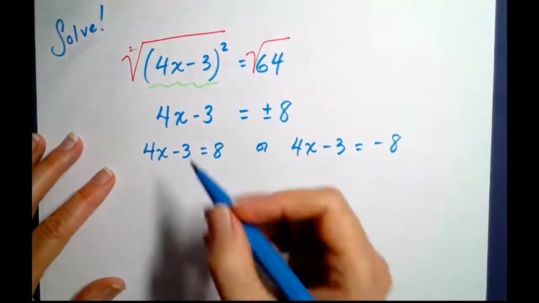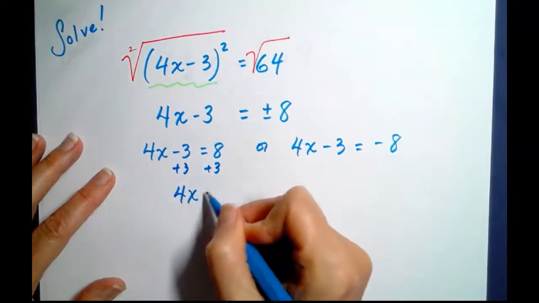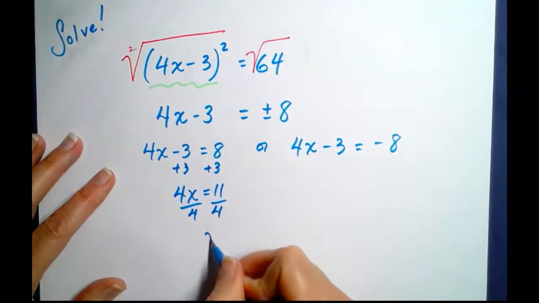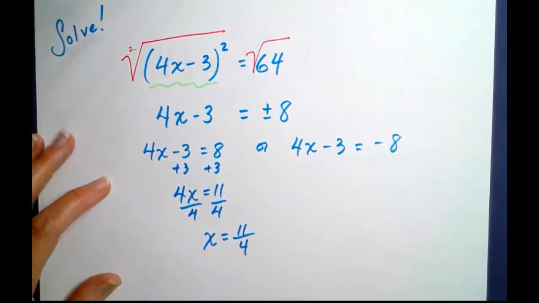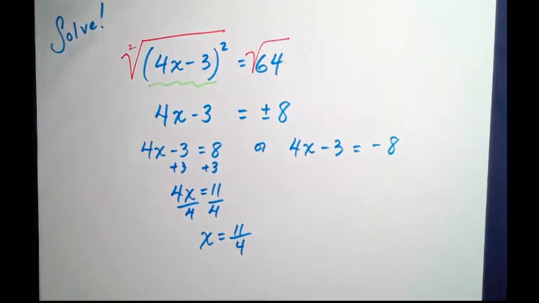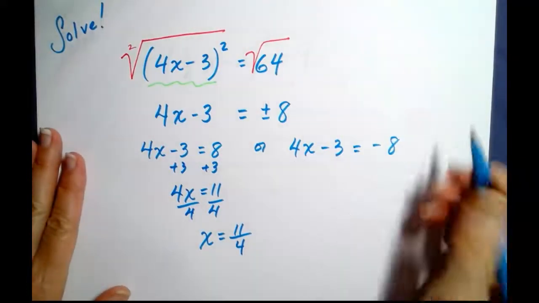Solve for the two solutions. Plus 3, 4x equals 11. Divide by 4, divide by 4, x equals 11 fourths. Do not panic if it's a fraction. Just leave it. No decimal, no mixed number, just leave it. 4x minus 3 equals negative 8.